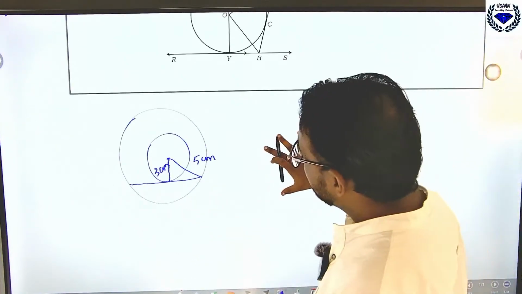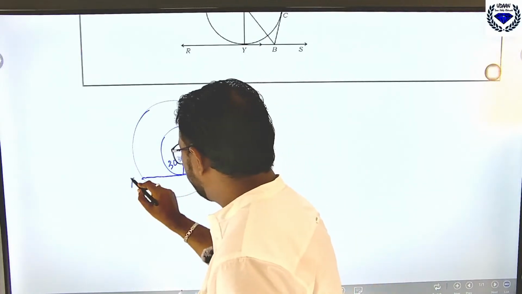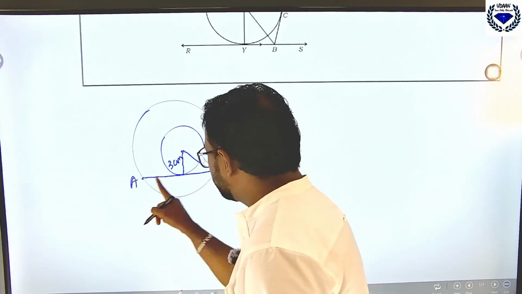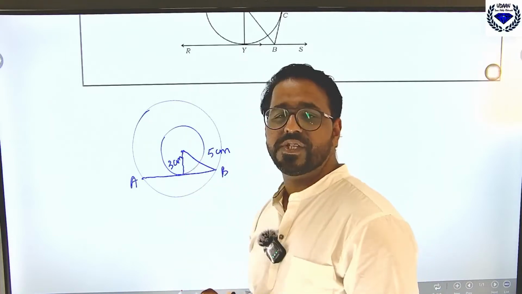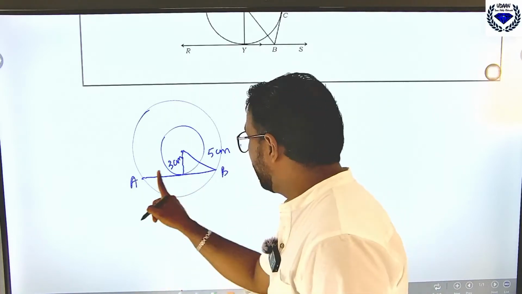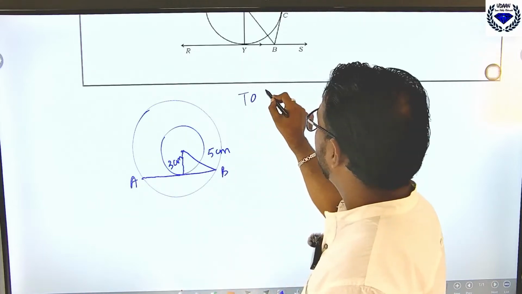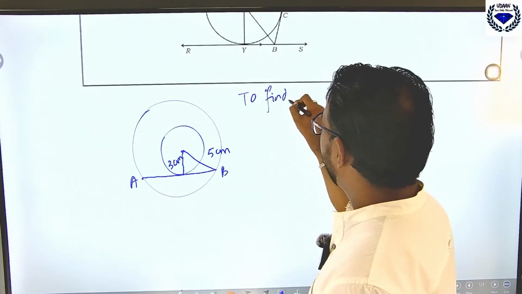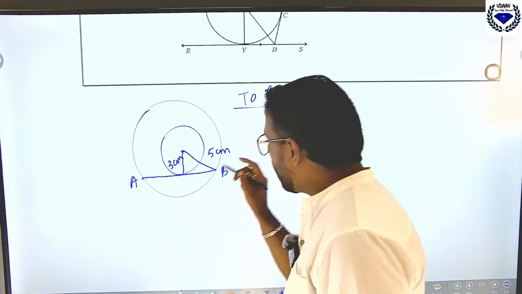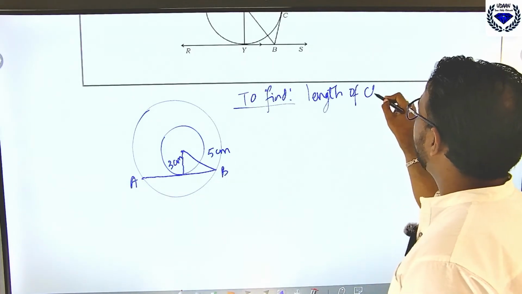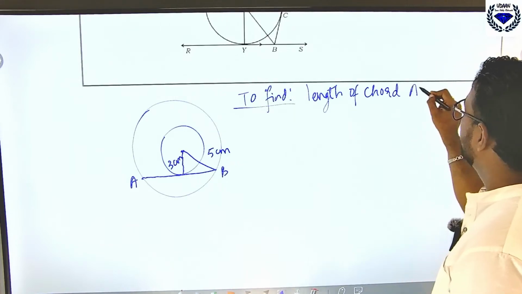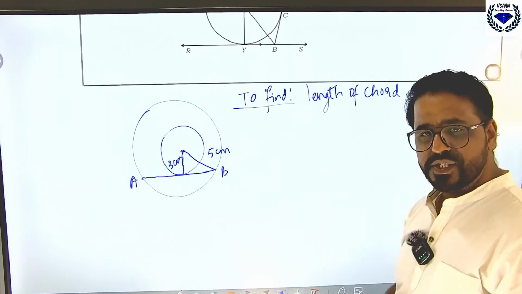That means you can see here, if I write AB here, this AB is a chord and it is a tangent to the smaller circle. So what you should find: to find the length of chord AB which touches the smaller circle.